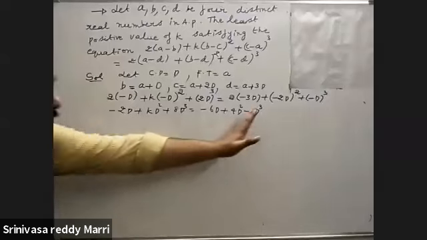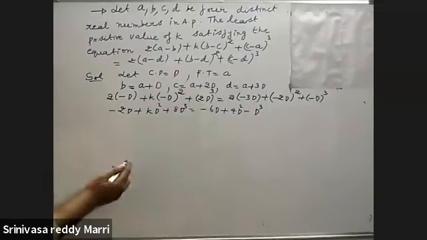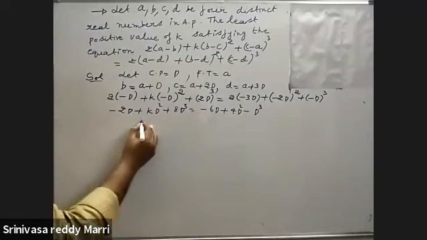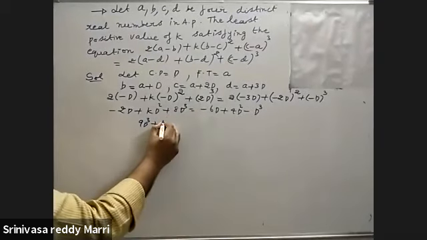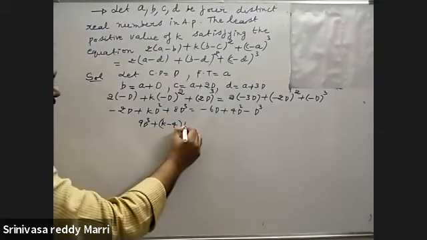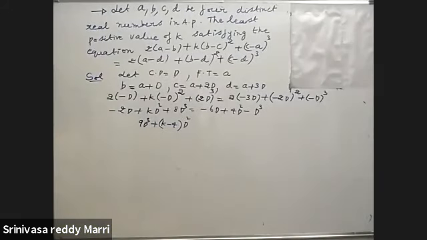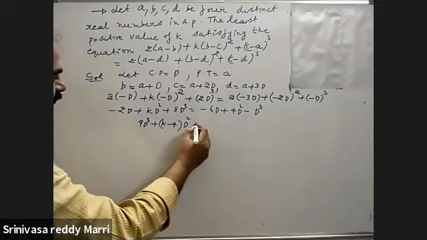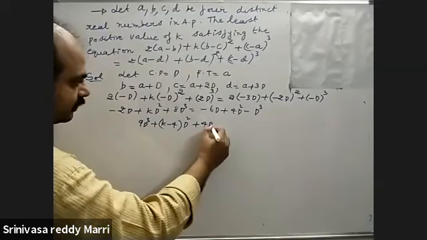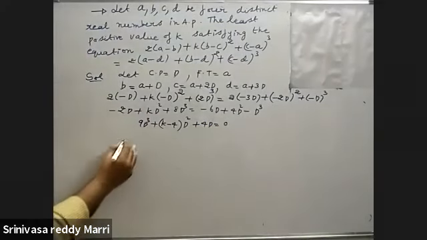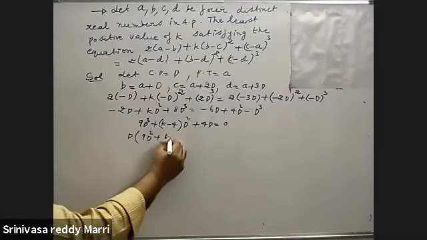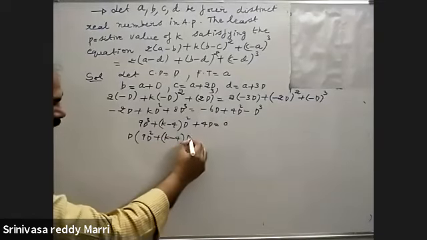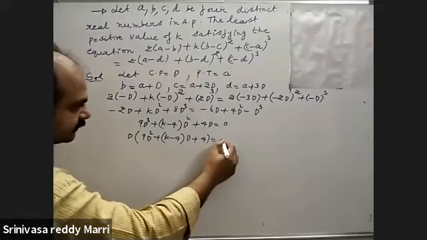All the terms bring this side and form an equation. 8D cube plus D cube is 9D cube, plus (K minus 4) D square, and 6D minus 2D is 4D, equal to 0. This is the equation you got. Take D common: D into (9D square plus (K minus 4) into D plus 4) equal to 0.